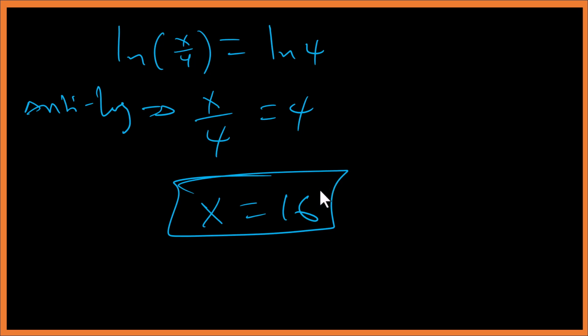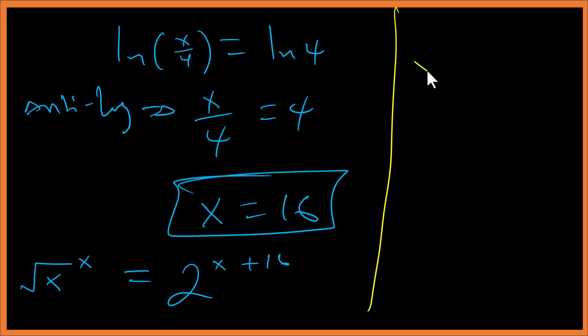Okay, so if you want to verify, we have square root of x raised to x equals 2 raised to x plus 16. If I plug in 16, that will be square root of 16 raised to 16 on the left, and 2 to the power 16 plus 16, which is 32, on the right.